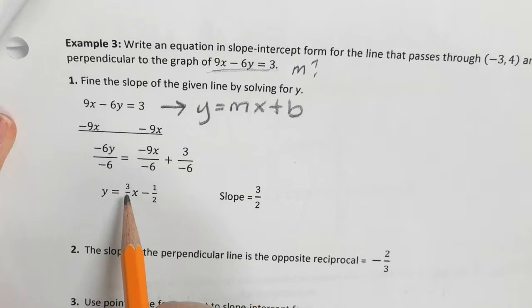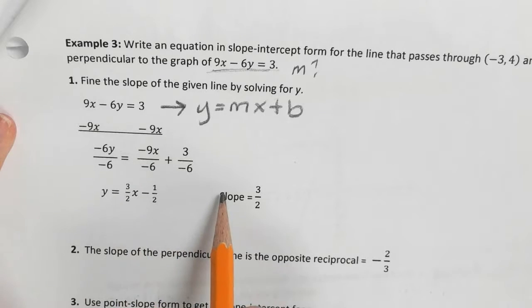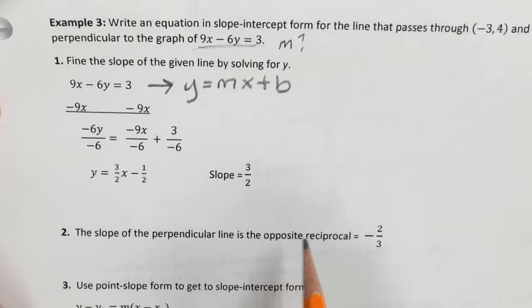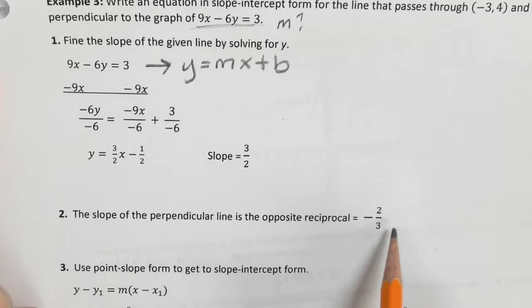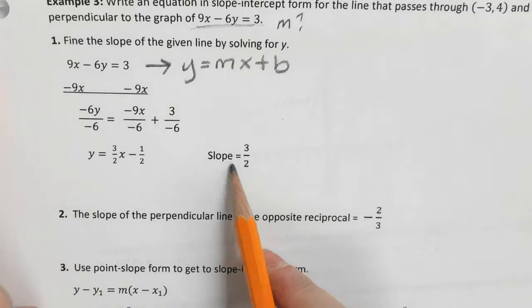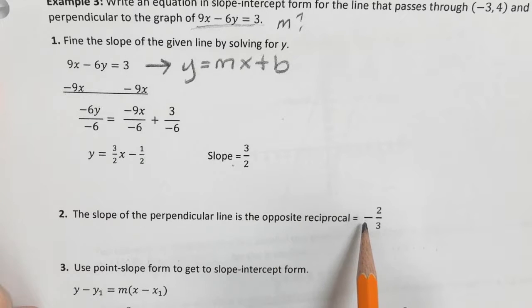So you can see that the slope is 3 over 2. So these are perpendicular, so that means the slope to the line that's perpendicular is the opposite reciprocal. That is where this negative 2/3 came from. We flipped it and made it negative.